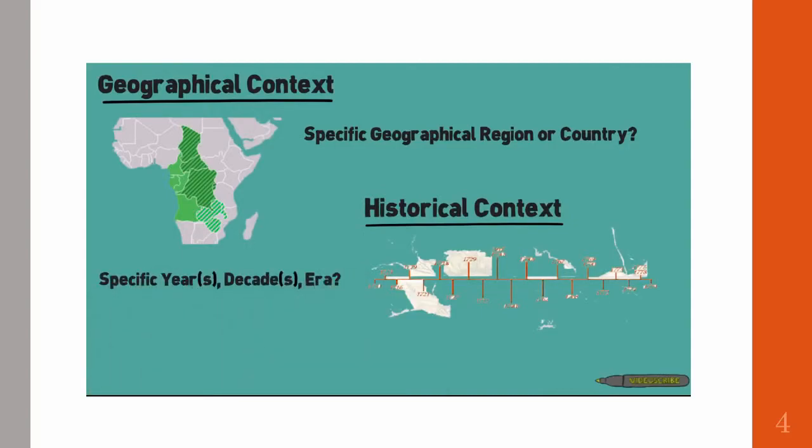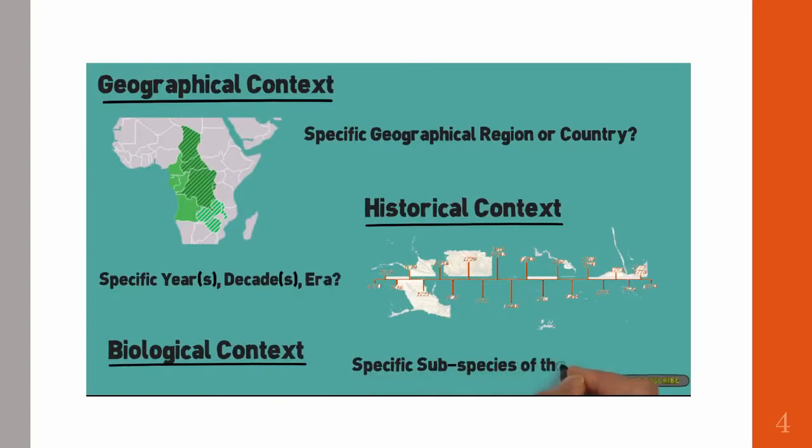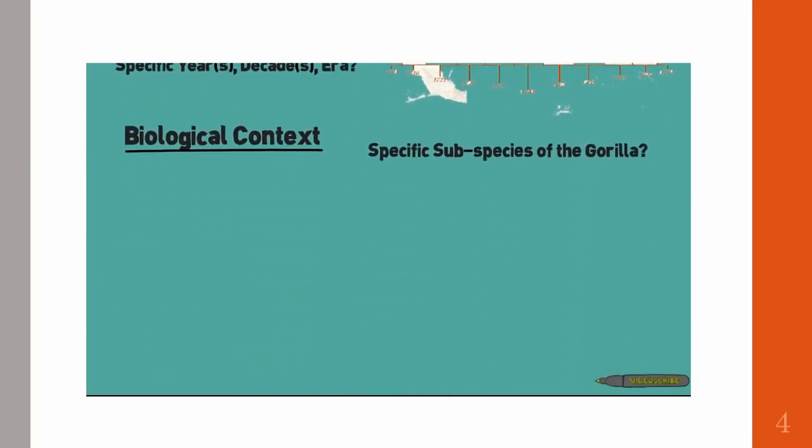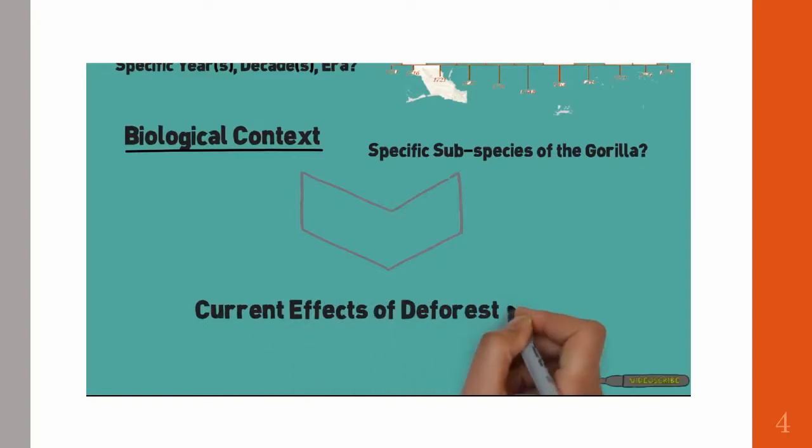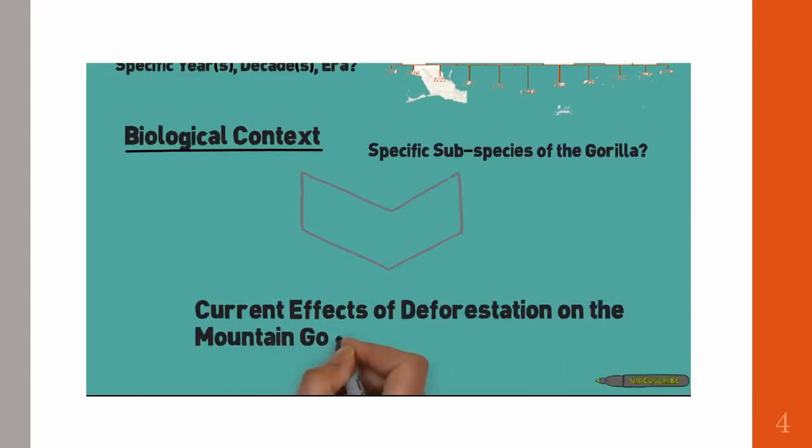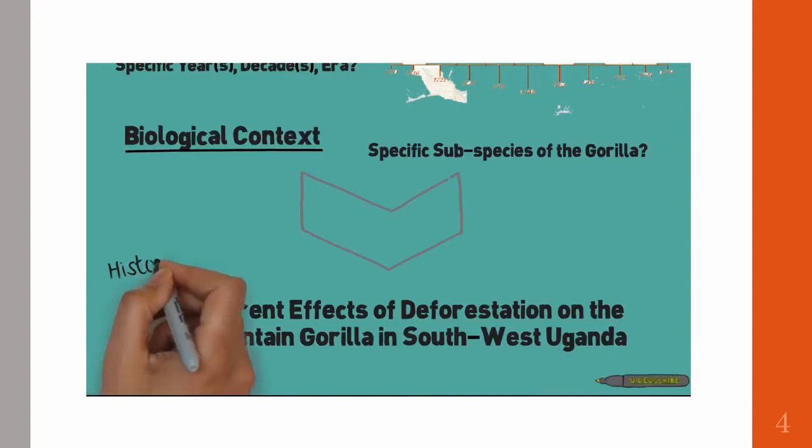And third, with this topic, you could also add biological context. Perhaps there's a specific subspecies of the gorilla that you're interested to write about. So when we combine all three contexts and incorporate them into the original topic, this is what we get. Something like current effects of deforestation on the mountain gorilla in southwest Uganda.